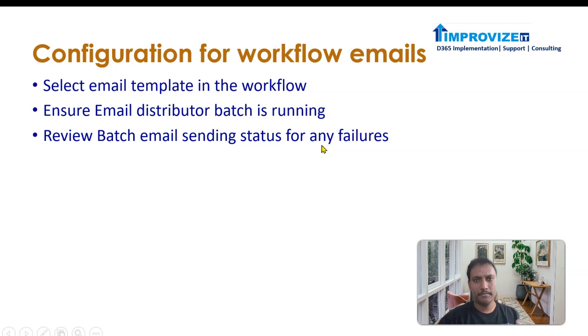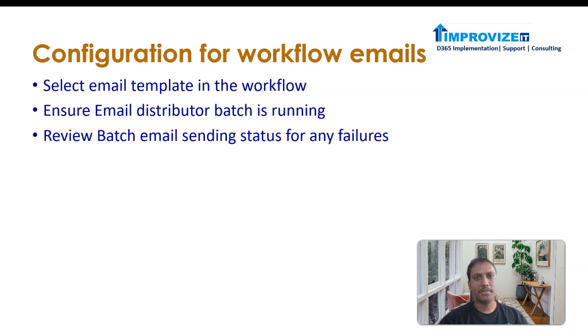These are the primary configurations that you have to make sure are properly set. One is that the email template must be selected in the workflow. In the previous session, you learned about the organization email templates and the system email templates. I'm also going to show you how these email templates will be visible in the workflows that you have created. Next, the email distributor batch must be running. This is the batch job responsible for sending the email, especially these workflow emails.